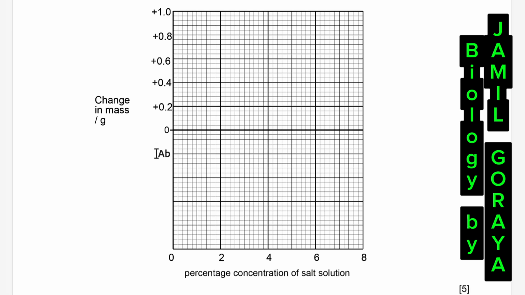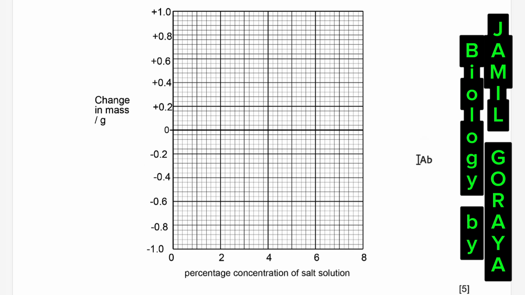For negative values, same like the positive values, we will start with negative 0.2, then at equal gap negative 0.4, then with equal gap negative 0.6, then negative 0.8, and the last will be negative 1.0. So this is how we make a linear scale for osmosis graph.